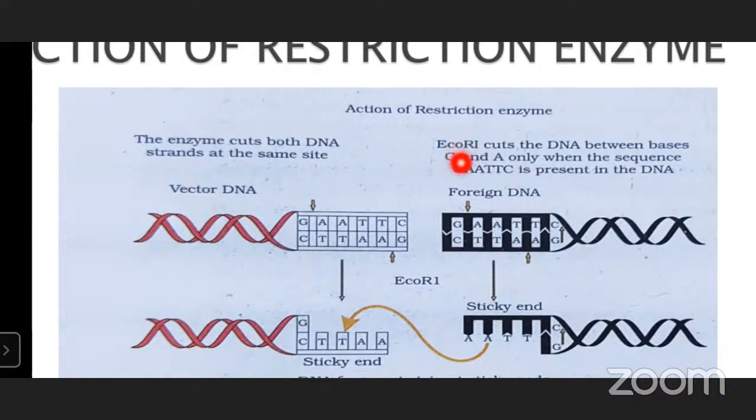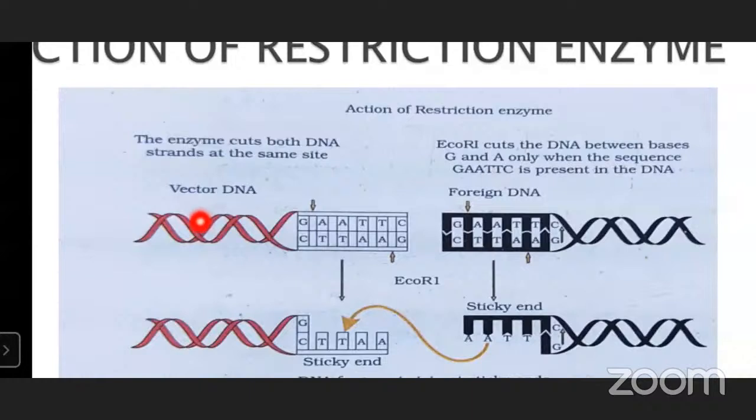EcoR1 is the restriction enzyme which cuts the DNA in between G and A, guanine and adenine only. When the sequence G, A, A, T, T, C is present in the foreign DNA, it cuts the foreign DNA in between these palindromic sequences.